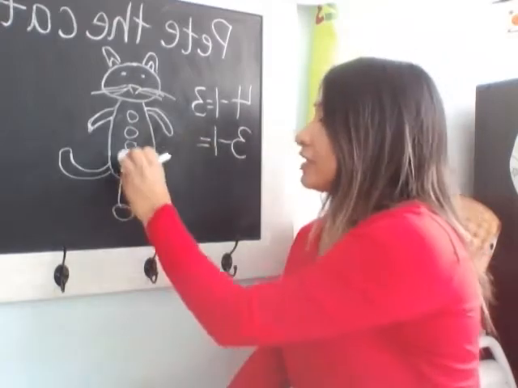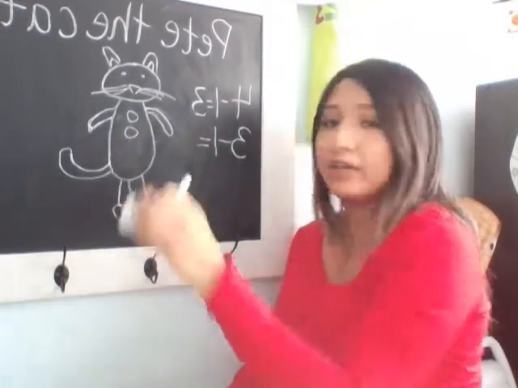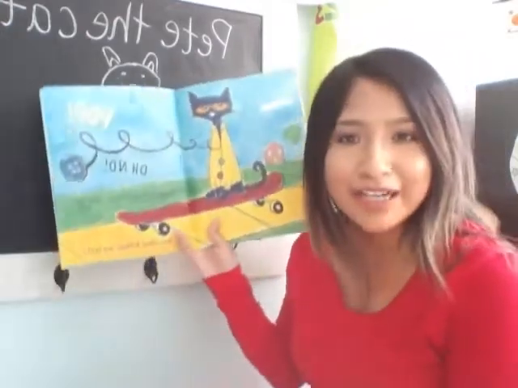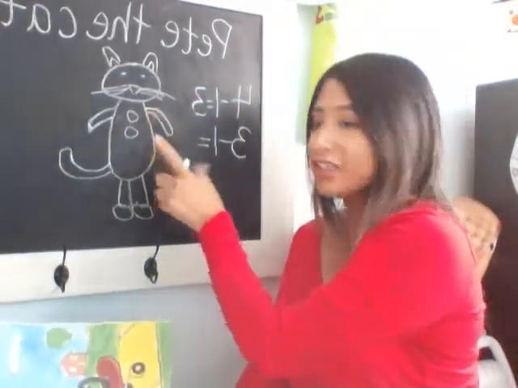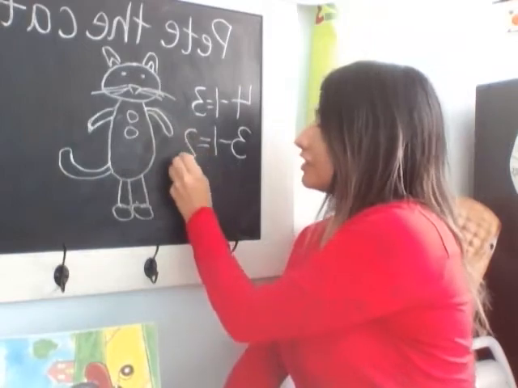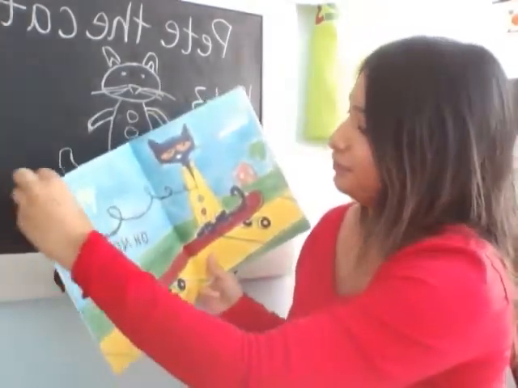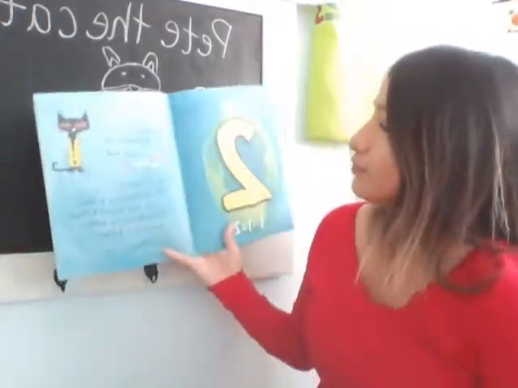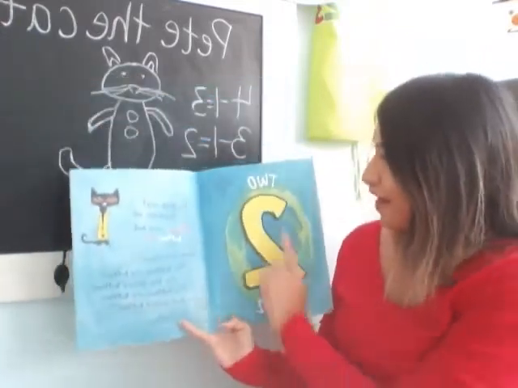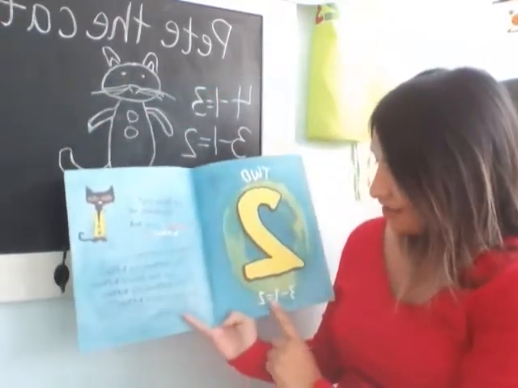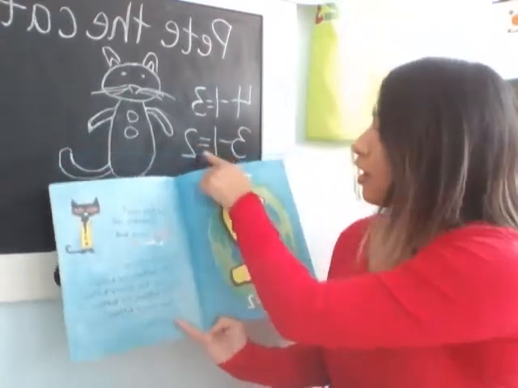So we're going to go ahead and take one more off. How many buttons are left? 1, 2. Let's see if we're correct. 3 minus 1 equals 2.